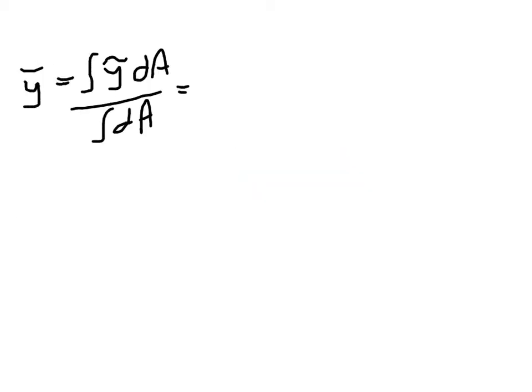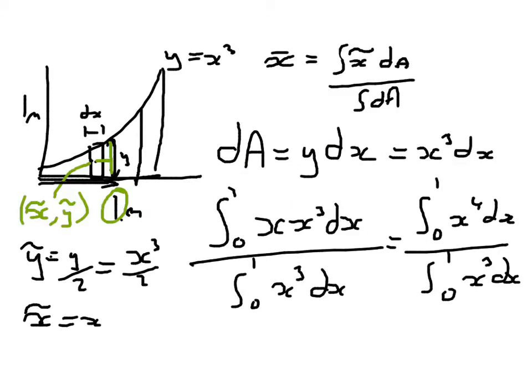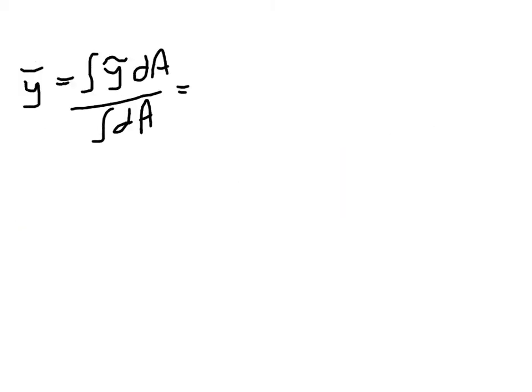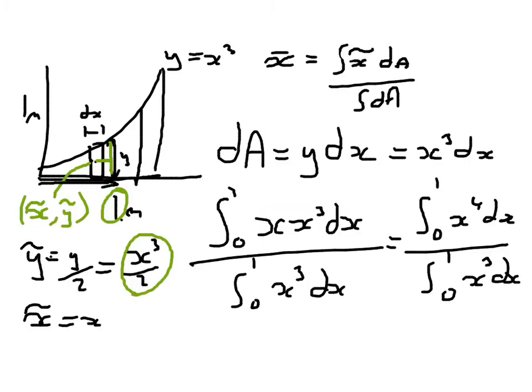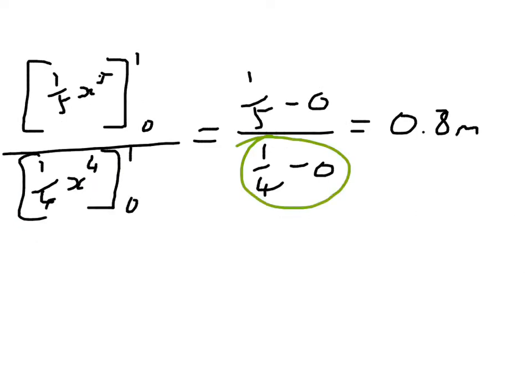So we don't have to do any more calculations on that. The other part we're going to do is y tilde. Well, y tilde, we've said, all the way back here, is x cubed over 2. So x cubed over 2, apologies I've left this in green, and dA was x cubed dx.